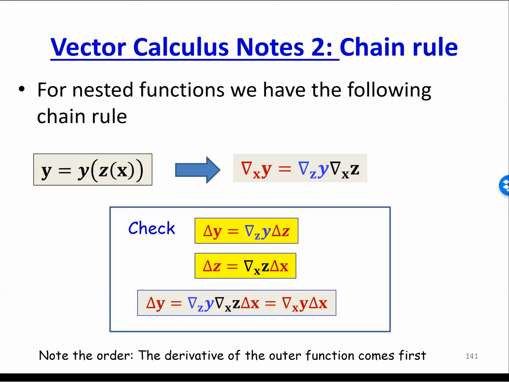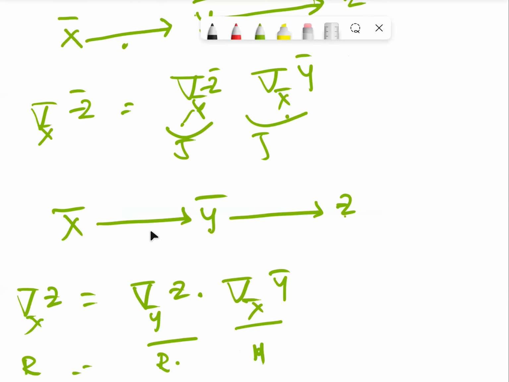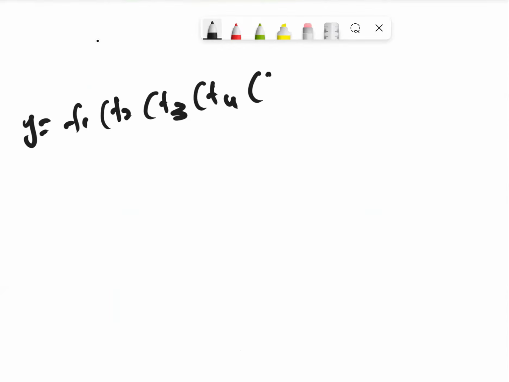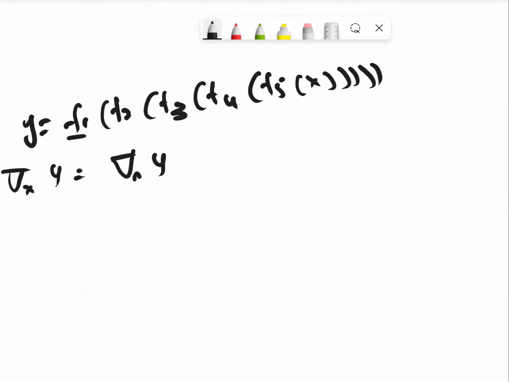So this is something worth noting: if I generally have a function of this kind, y equals f1 of f2 of f3 of f4 of f5 of x, then the derivative of y with respect to x is going to start off with the derivative of y with respect to f1, the outermost, times the derivative of f1 with respect to f2, times the derivative of f2 with respect to f3, and so on.